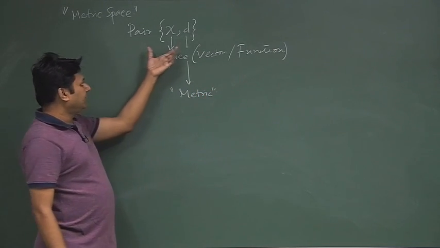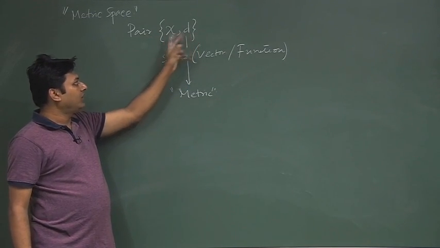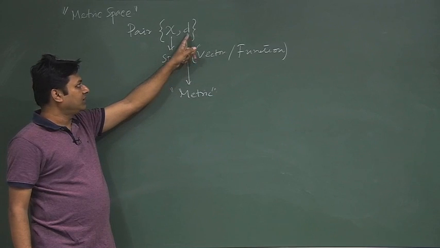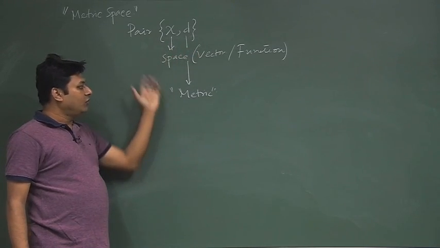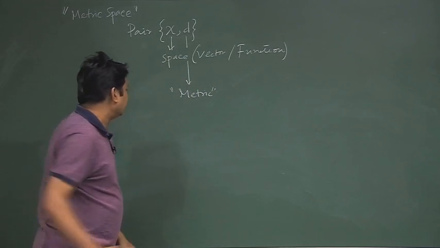So, two things: it is a pair, and it is defined over a space. Whatever the d I mentioned here is defined over a space and we call it a metric, but I did not define so far what the meaning of d is.